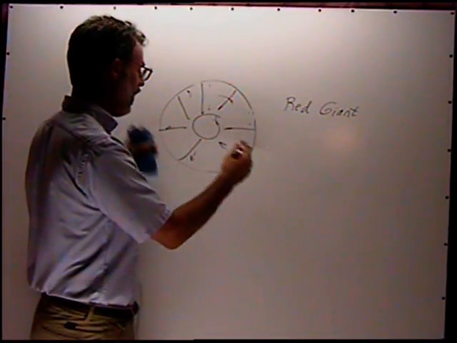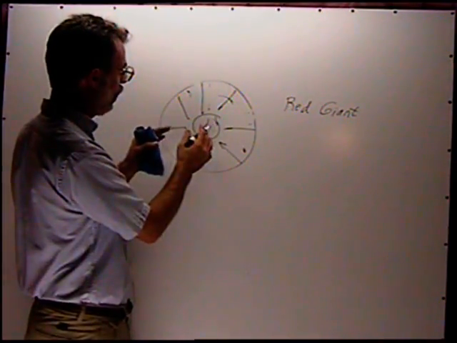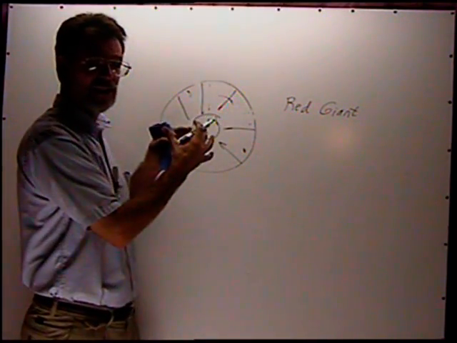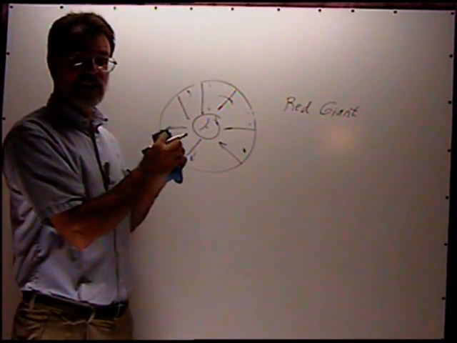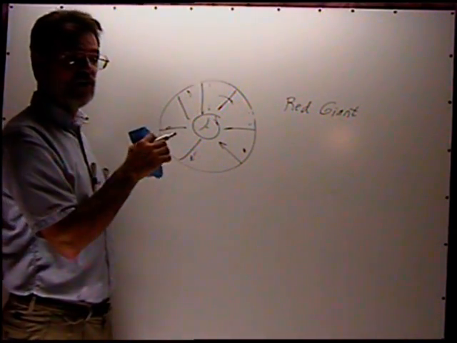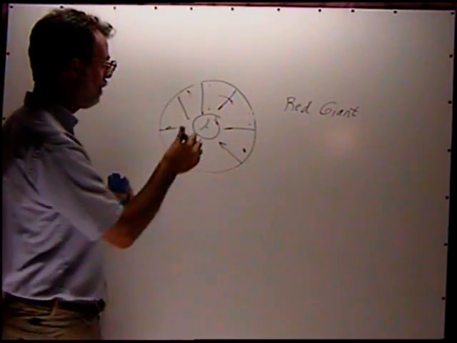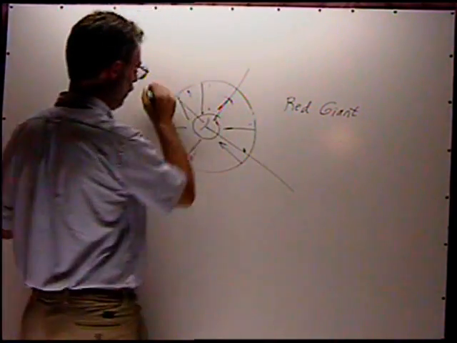It shrinks down, and all the material kind of collects in here, and it reheats, and suddenly it can explode. The nuclear fission process kind of quickly fires up again, and it just explodes out.